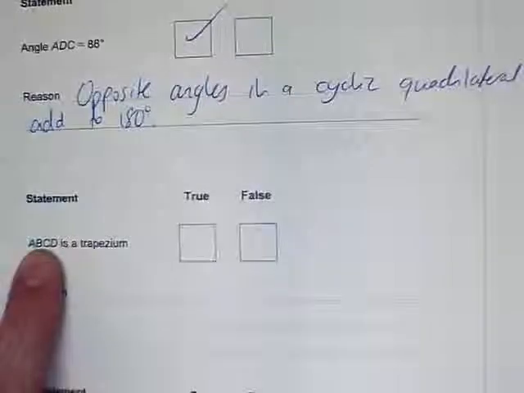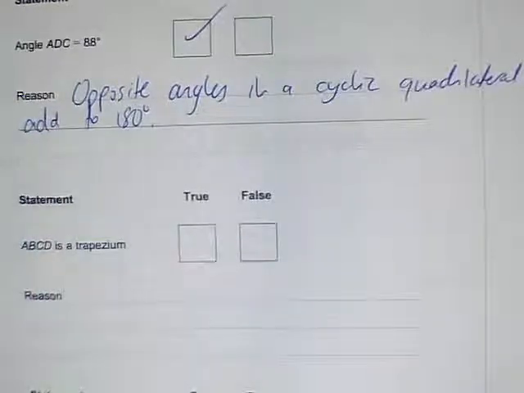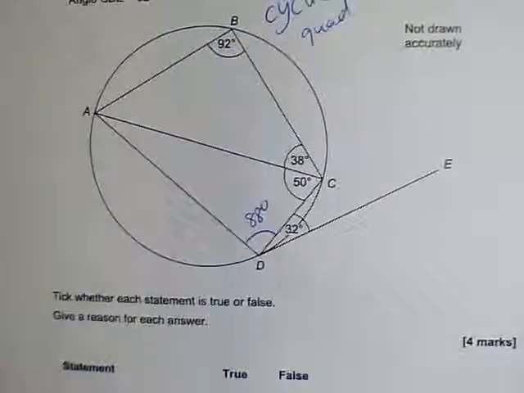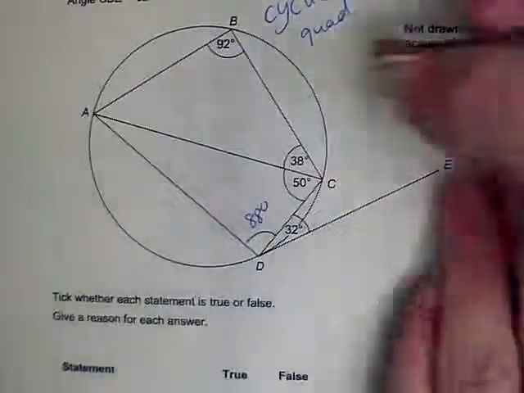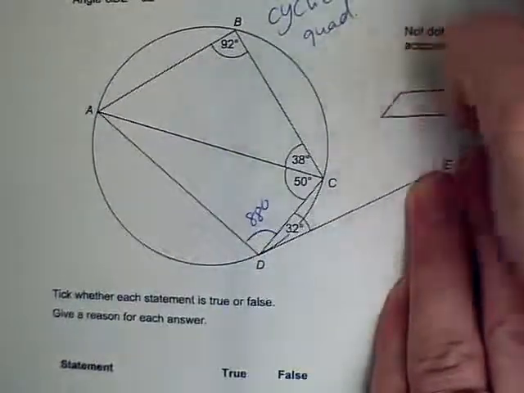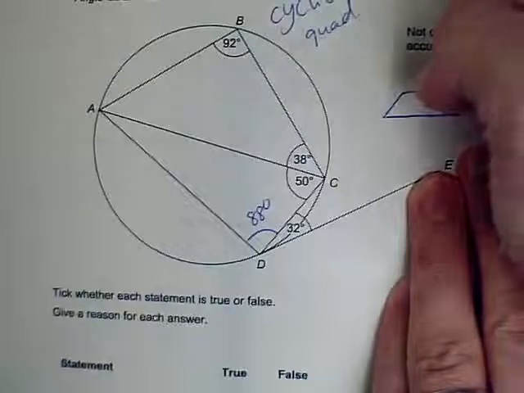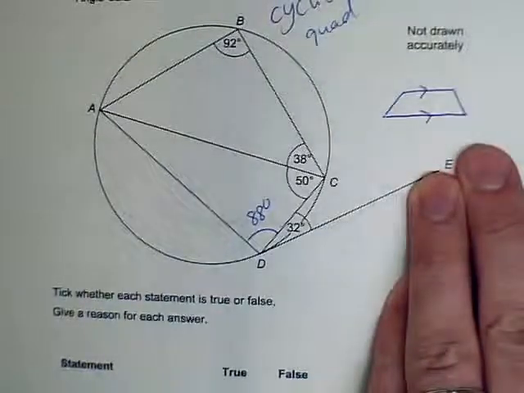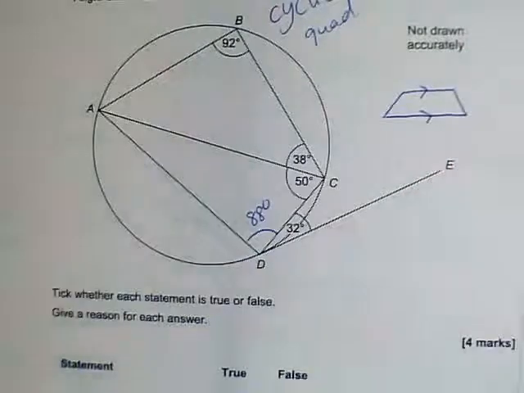The next statement, ABCD is a trapezium. Now, ABCD doesn't really look like a trapezium, but again, it's not drawn accurately. There are different ways of drawing a trapezium, but essentially you've got a four-sided shape where one pair of sides is parallel and the other pair aren't parallel.